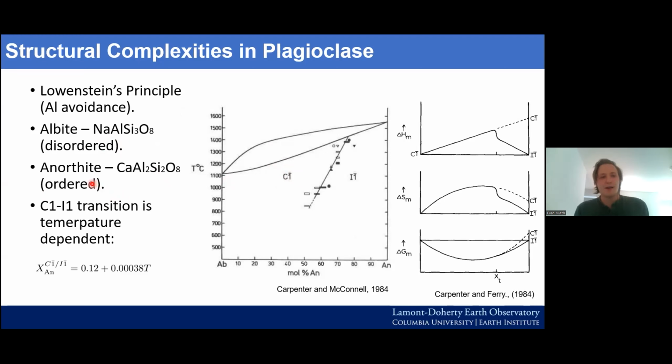And then in the case of anorthite, we have 2 aluminiums to 2 silicons. So the number of configurations in which we can put aluminium is much more limited. We can only really put in these chains of aluminium, silicon, aluminium, silicon. This is what we describe as an ordered structure, or I1 bar. In this phase diagram from Carpenter and McConnell, you see this phase transition is temperature dependent.